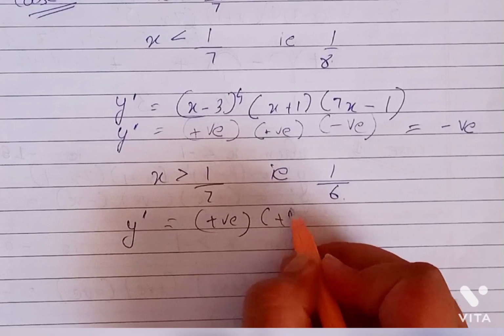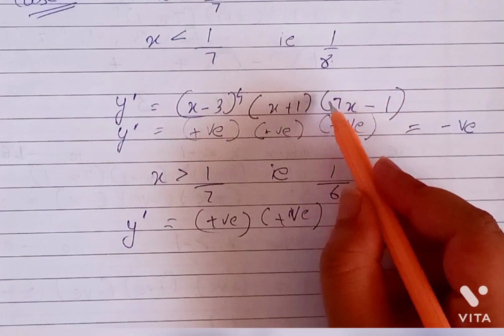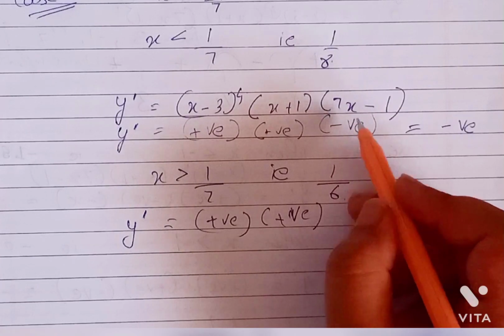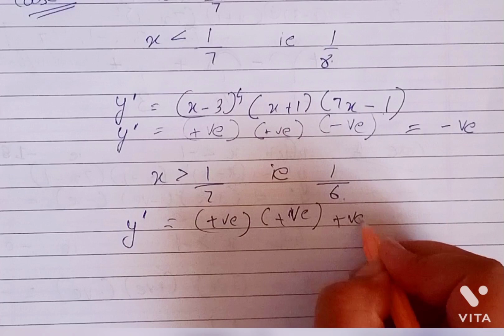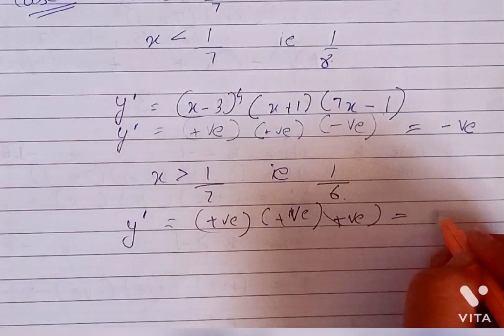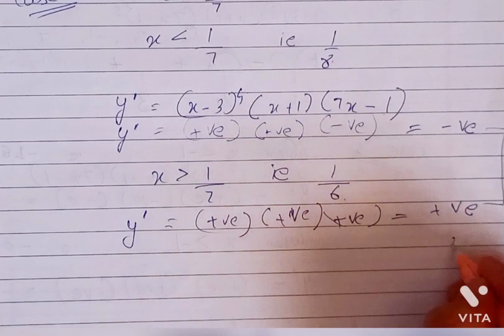So positive. This thing will also be positive. Why? 7/6 means 1 point something, greater than 1, that means it's a positive quantity. So in whole, the function is positive. Now you could see the change, from negative to positive, means it's minima.